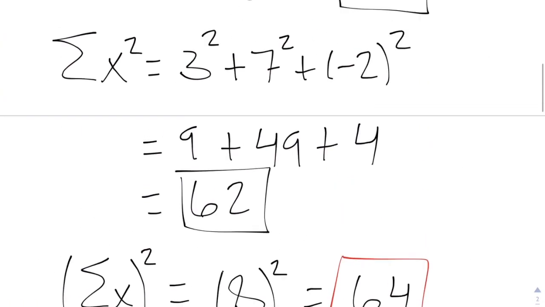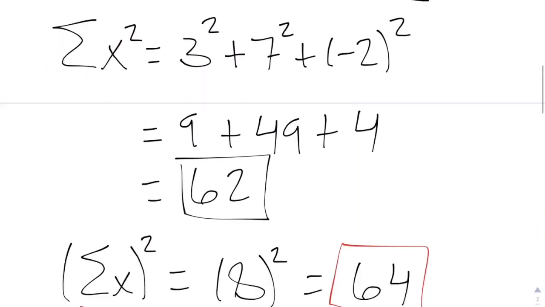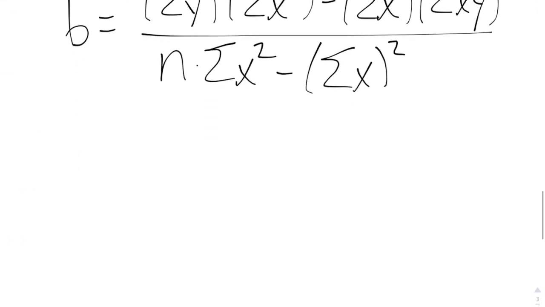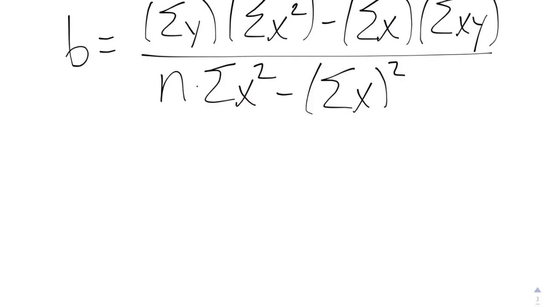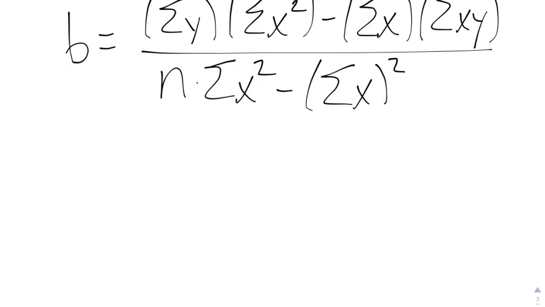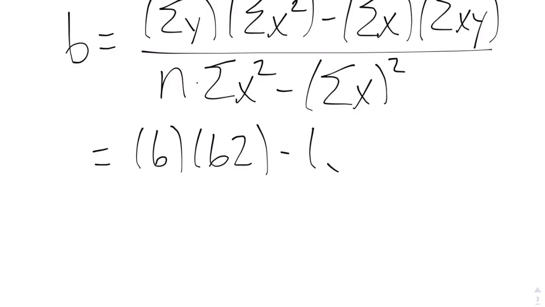When we look through our values up here, we have all of our values, okay? We just plug them right in. It's very important to stay organized when you're doing this, okay? As you can tell, there's a lot of steps. Let's plug it in. Summation of y is 6. Summation of x squared is 62. Minus summation of x is 8. Summation of x times y is 62.